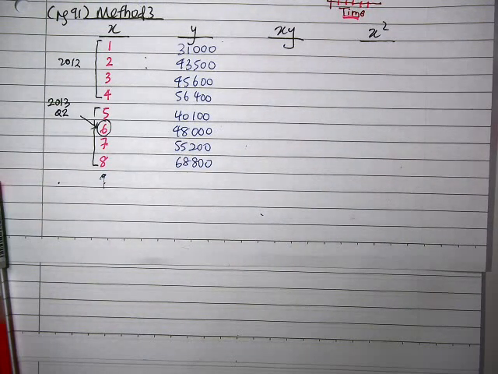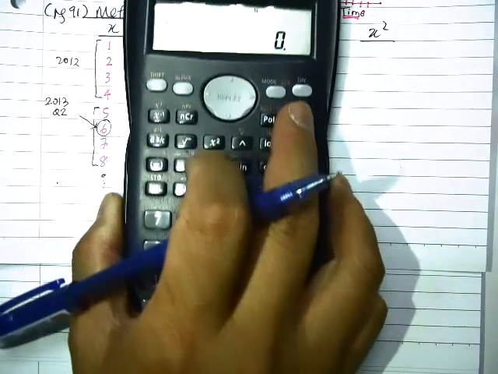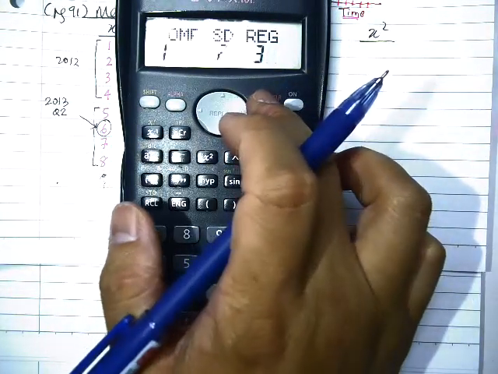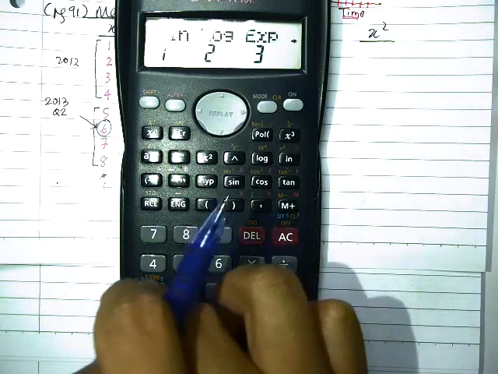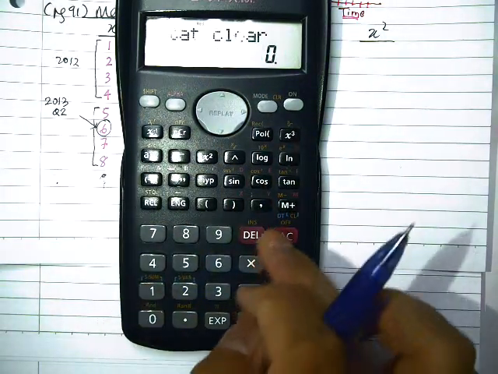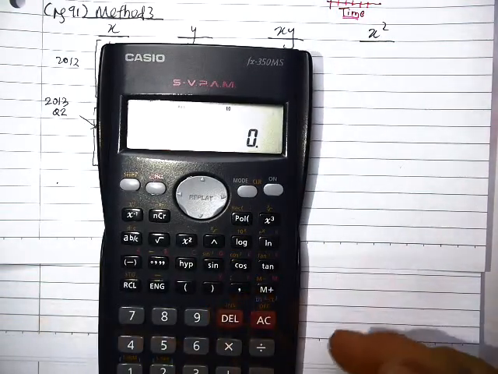Now again class, I will just use the calculator. I've shown this before last time, so I'm going to use the calculator. First I switch this to regression mode, then I clear my memory, making sure that everything is clean inside. Then we just do XY.